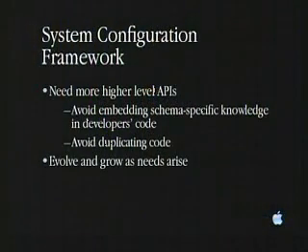So we'd like to implement some more higher-level APIs to provide some isolation here so that you avoid having schema-specific information embedded in your code. The other thing is to avoid duplicating code. So we're definitely viewing this as something that's going to evolve and grow as needs become apparent to us, and we can provide some common APIs that are useful to many developers.